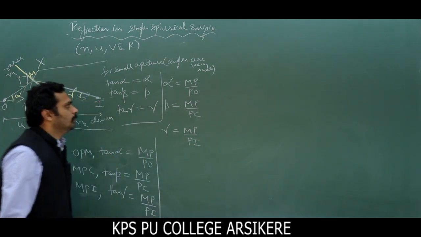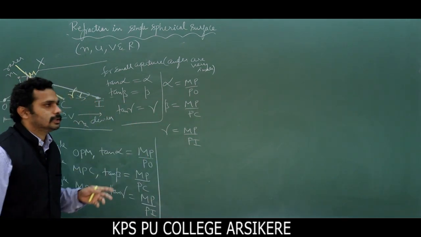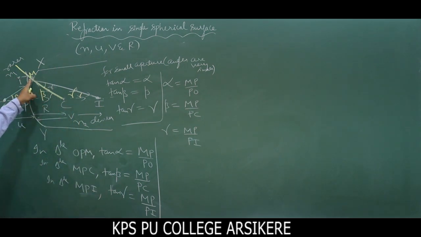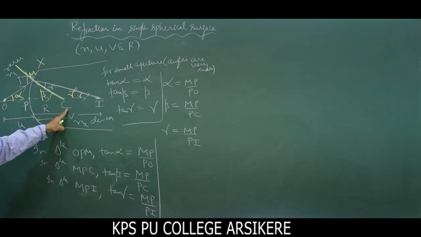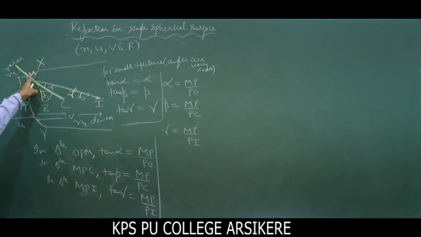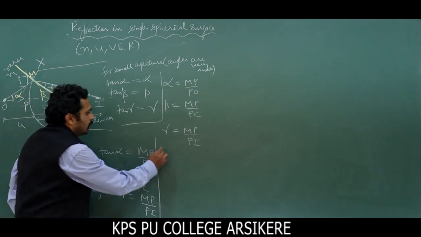Now I am using the other triangle, triangle MOC. In triangle MOC, I is the exterior angle, and alpha, beta are the interior opposite angles.